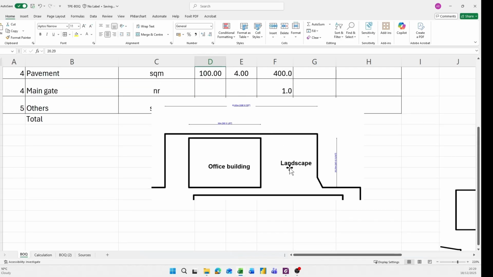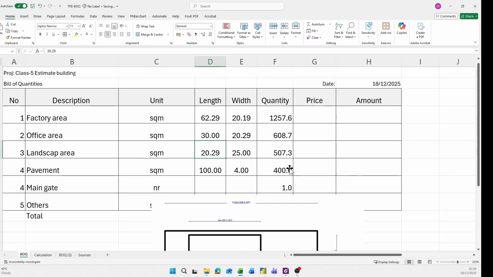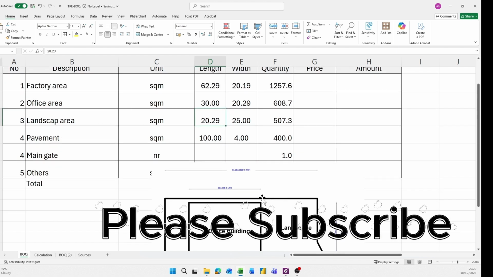So what we need to do is assume the area. I just assume the length. This is a 30-meter wide building, so it should be less than 30 meters.